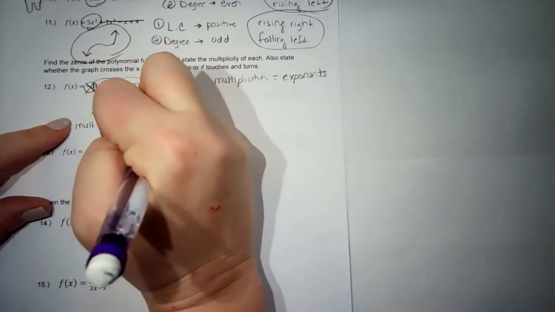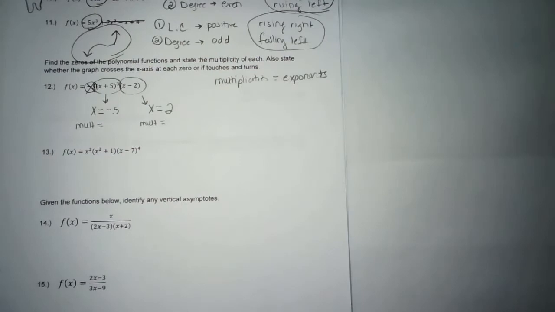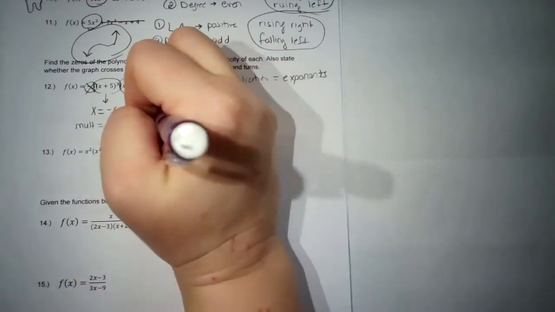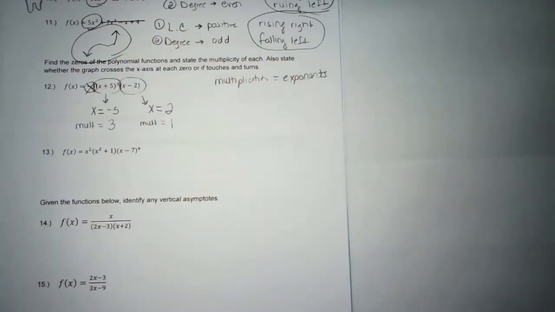Life's too short. So what is the multiplicity of -5 going to be? 3. Where does that come from? The exponent on its packet. And everybody has a multiplicity. So what's the multiplicity of 2? 1. If you don't see it, it's 1. Everybody got that? Multiplicities are just exponents.